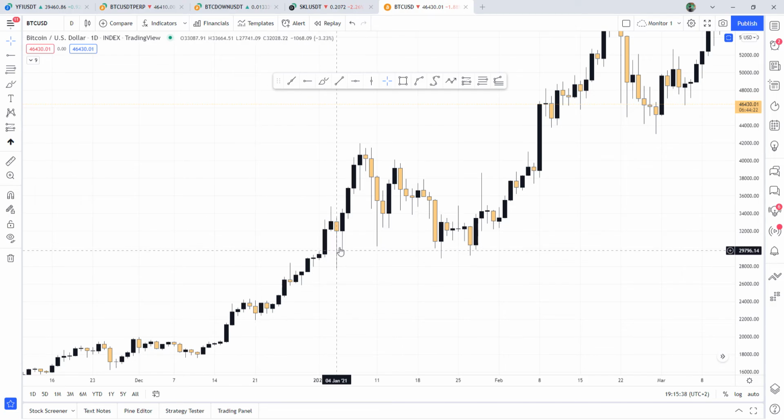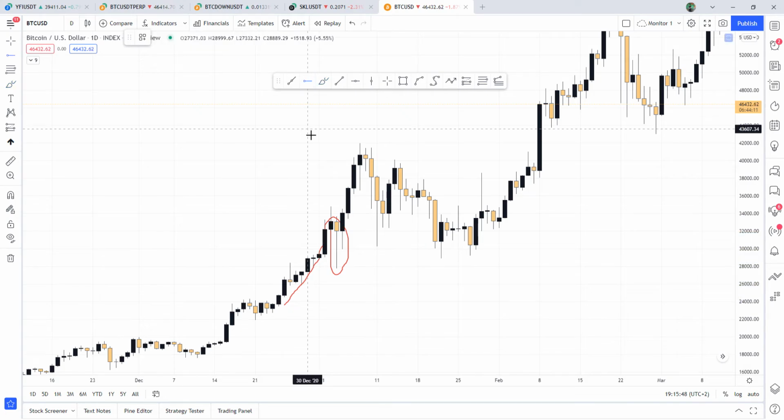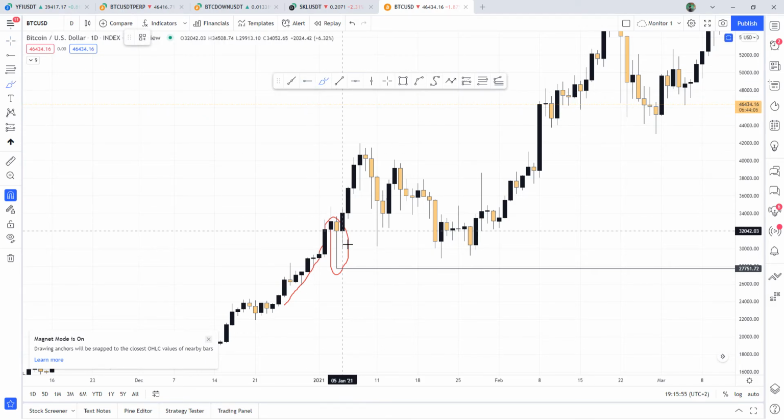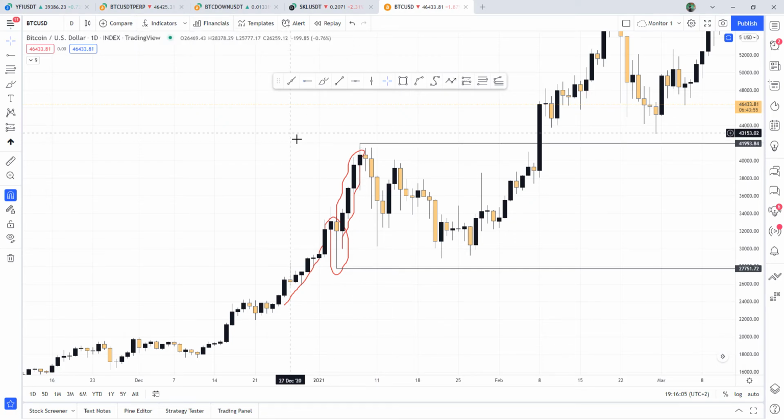If you are on daily, you have black, black, black, black, black, and here you have yellow, or rather red, so you can mark this one. Then you have black, black, black, black, black, and it stops, which means here you mark it as resistance.